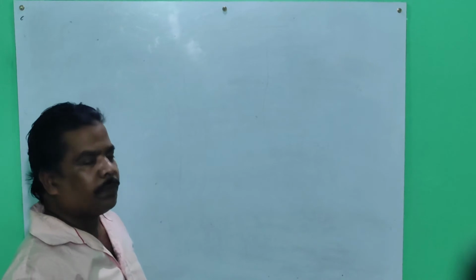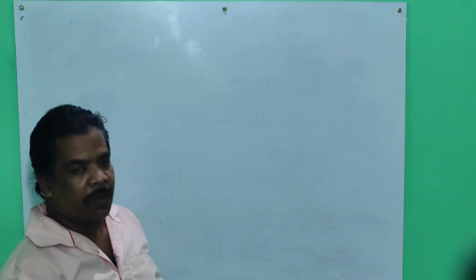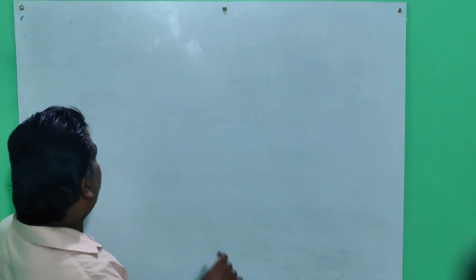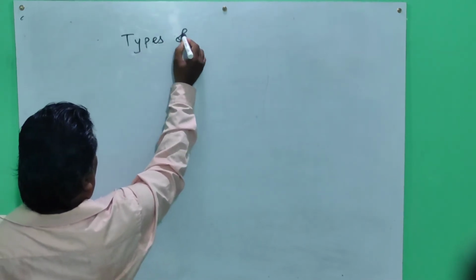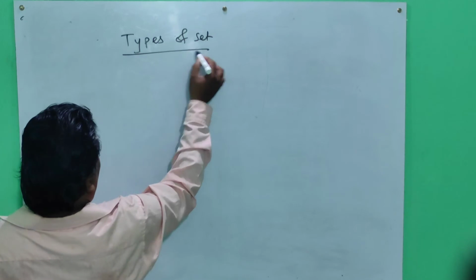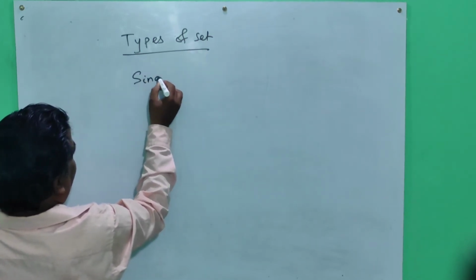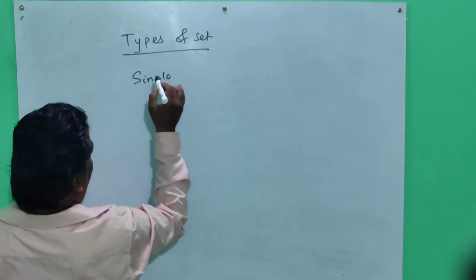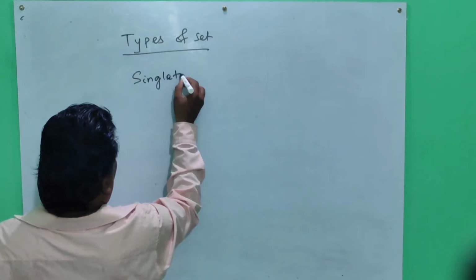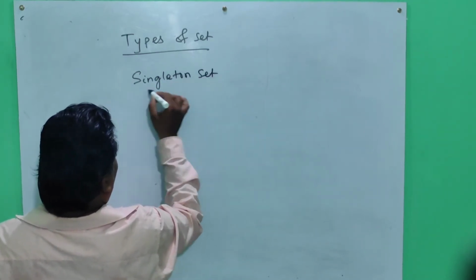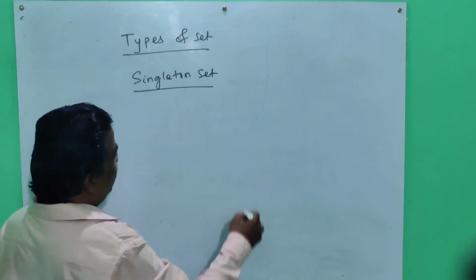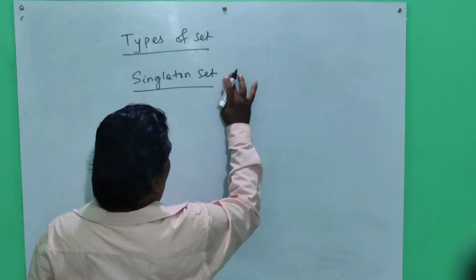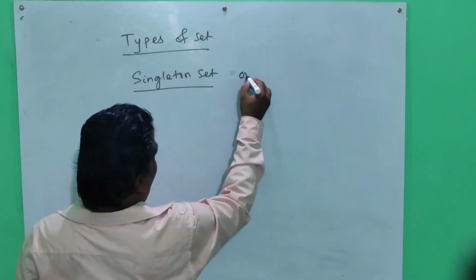Next, we know the types of sets. First, the singleton set. A set is called a singleton set if it possesses only one element.